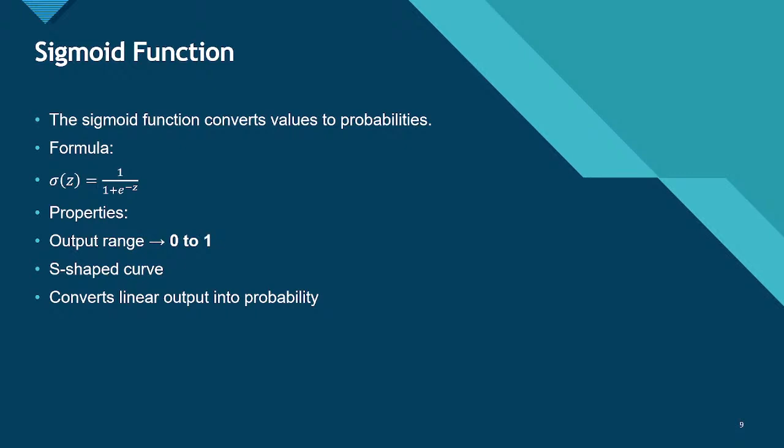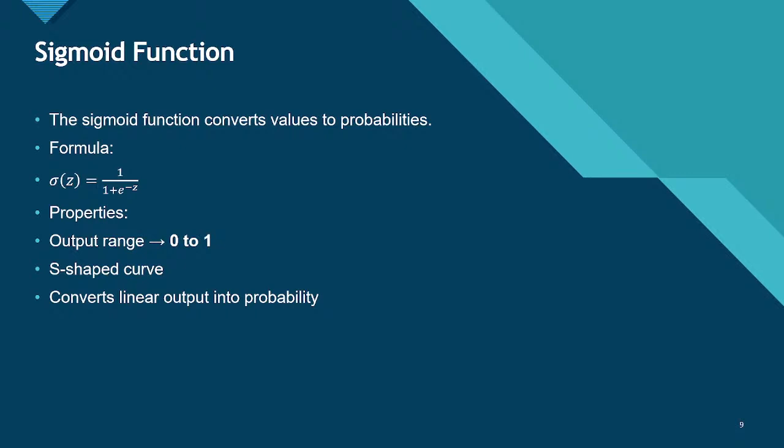It converts linear output into probability. The most important role of the sigmoid function is that it converts the linear output from the model into a probability value. This probability helps us decide the final classification result. For example, a probability of 0.75 is positive and 0.30 is negative.